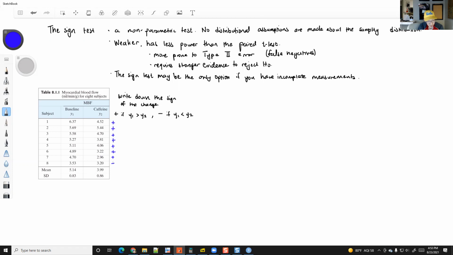Okay, so this is not an interesting result, but you will end up with the number of positive differences, n plus, and then n negative, the number of negative differences.